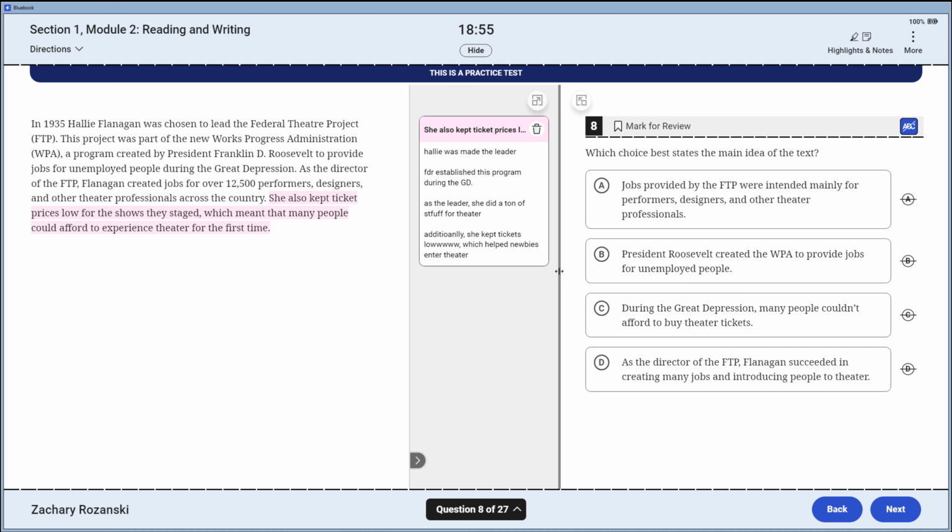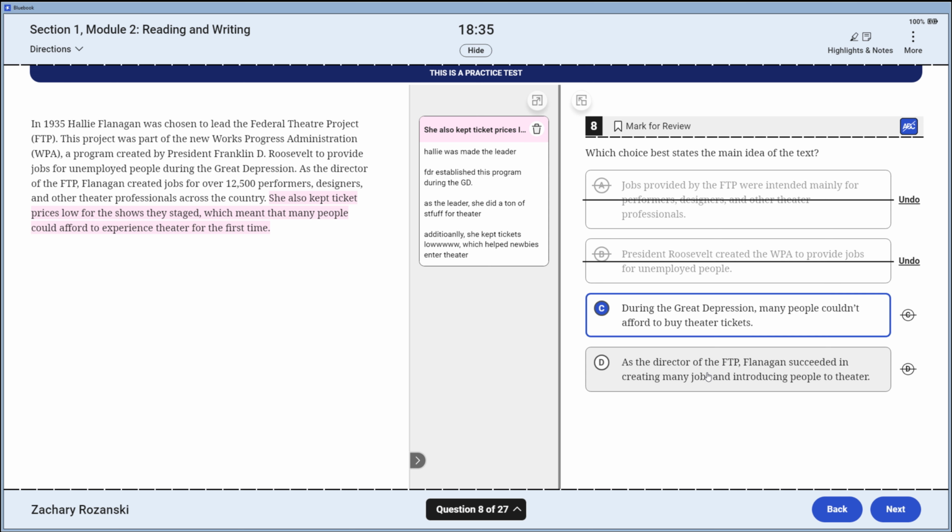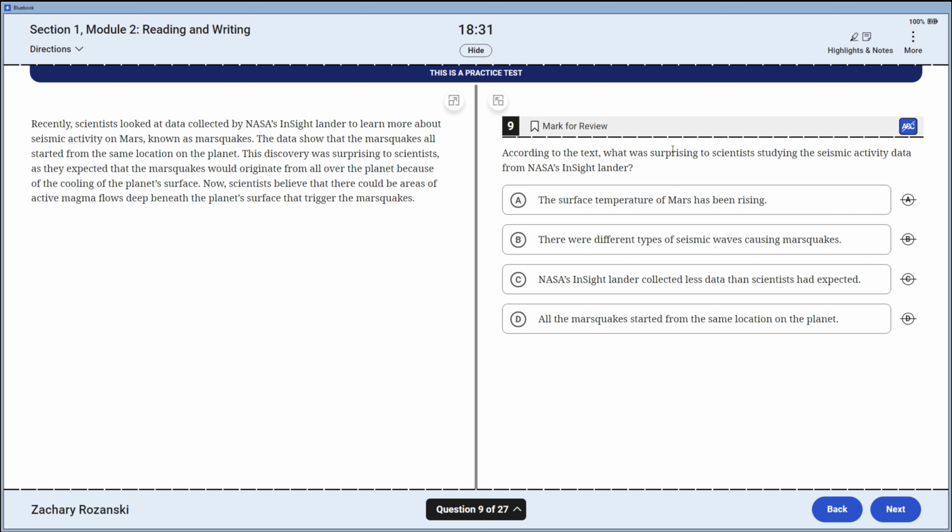Additionally, she kept ticket prices low. Jobs provided by the FTP were intended mainly for performance. No, this is kind of a negative thing. In fact, that final sentence shows that the FTP was really about helping everybody, even non-theater people. This is about the second sentence, way too narrow of a scope here. During the Great Depression, many people couldn't afford. That is a detail true of the very last sentence, but that also shows that we're not just working to that conclusion. We're trying to show how great this lady is and all the stuff that she did.